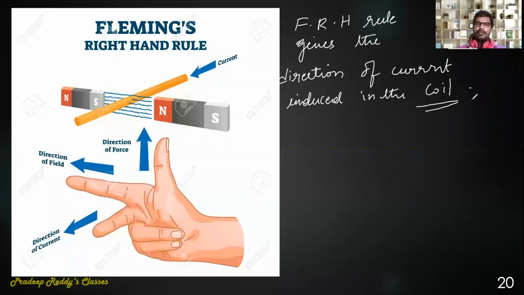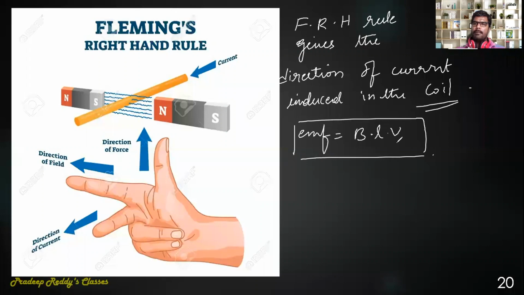You can use this for EMF induced equal to BLv. Whenever we are using the formula BLv, we can use Fleming's right hand rule in order to find the induced current. So I induced can be simply written as BLv divided by R. So the induced current direction can be identified by using this relation.